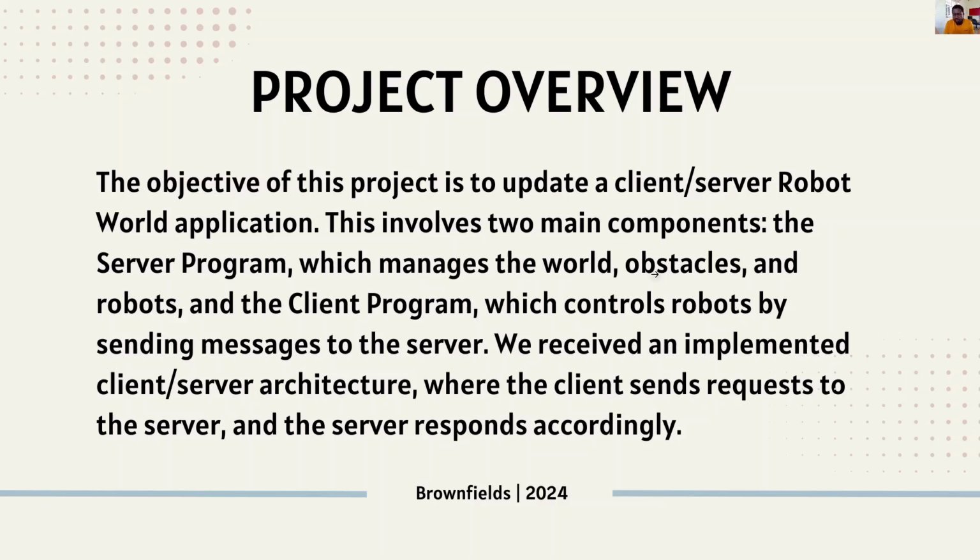This involves two main components: the server program side, which manages the world obstacles and robots, and the client side, which controls a robot by sending messages to the server. We received an implemented client or server architecture where the client sends requests to the server and the server responds accordingly.